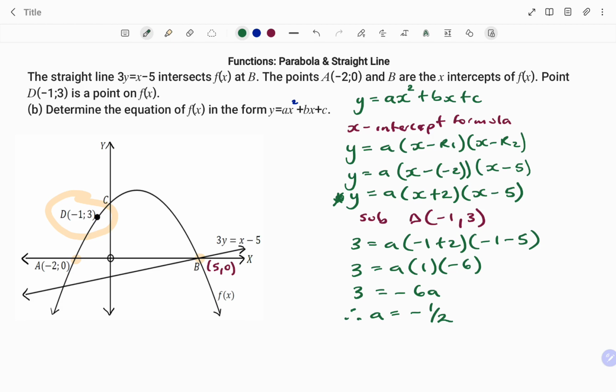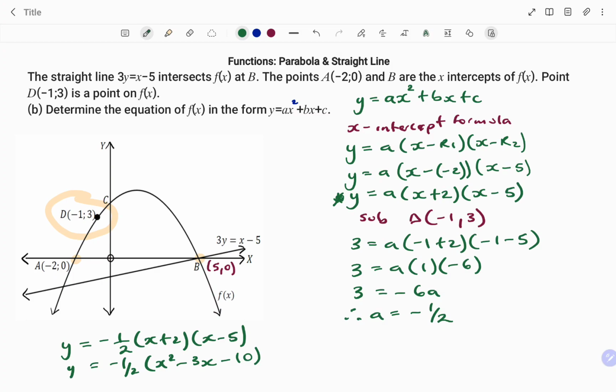So putting that back into my equation, I have y equals -1/2 times (x plus 2)(x minus 5). If I expand, I have minus 1 over 2 times, that I'm going to FOIL, x squared minus 3x minus 10.